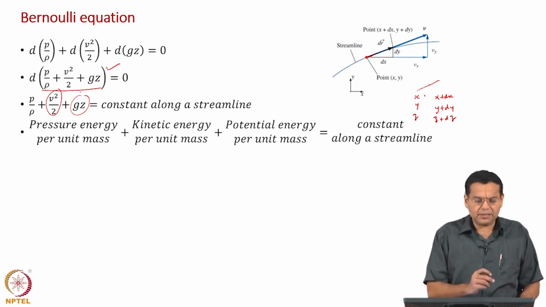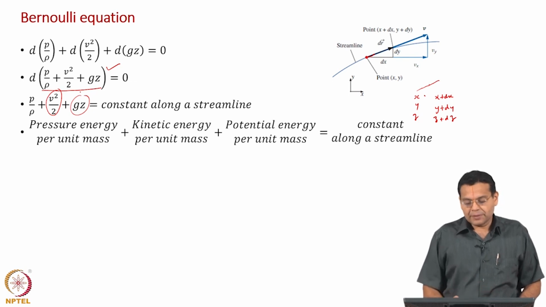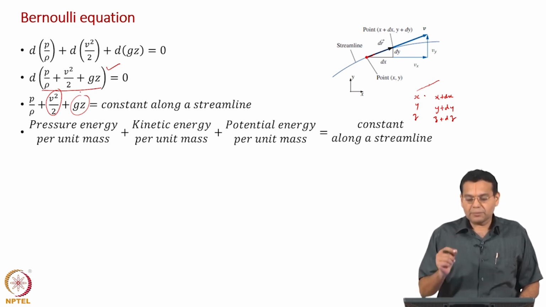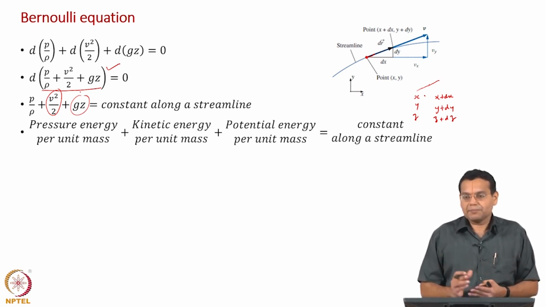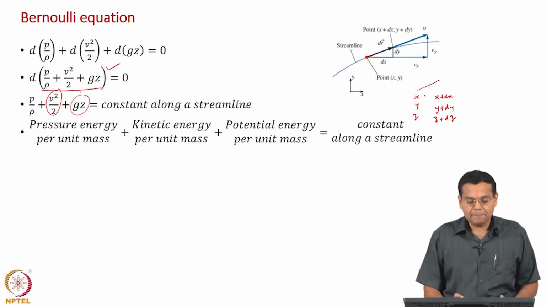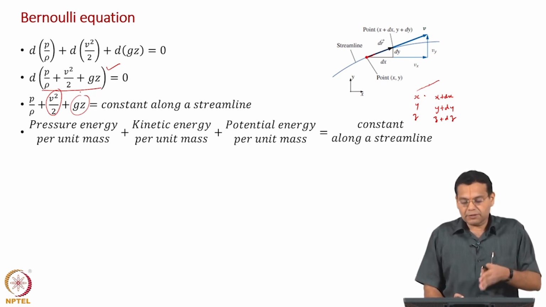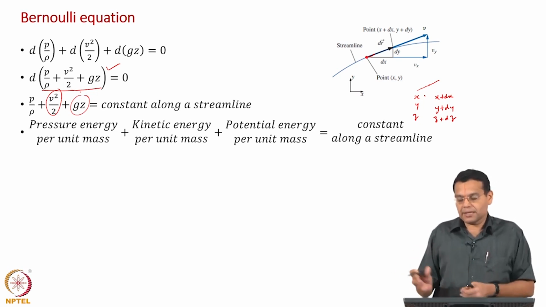We will come across this term once again in the energy balance. Of course, all these are different forms of mechanical energy. When you say mechanical energy, what does it mean? Complete conversion to mechanical work should be possible. If you have thermal energy, that cannot be completely converted to mechanical work because of the second law of thermodynamics. But these forms of energy are called mechanical energy because complete conversion to mechanical work is possible.